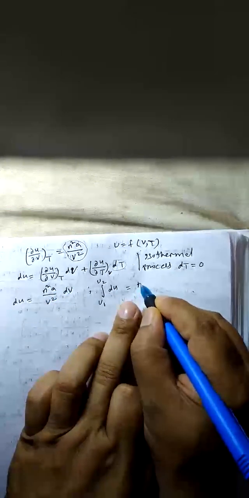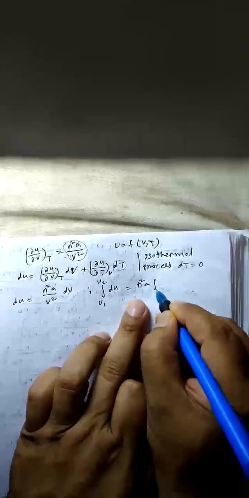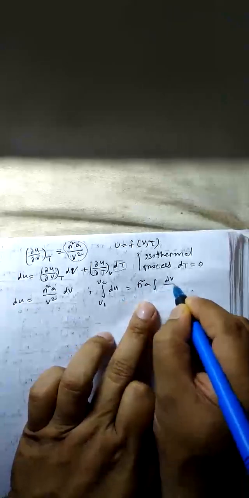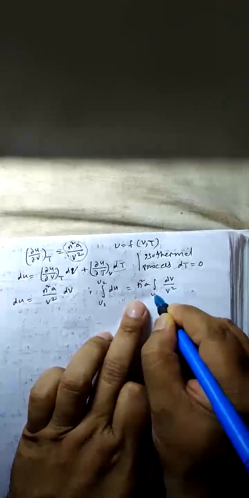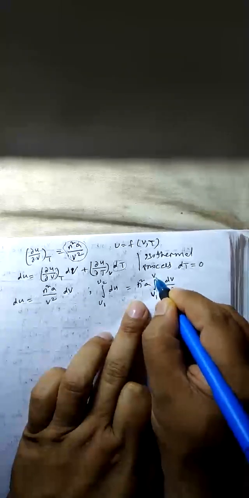n is constant, a is constant. We take outside n² a integration dV by V², with limits V1 to V2, initial volume to final volume.